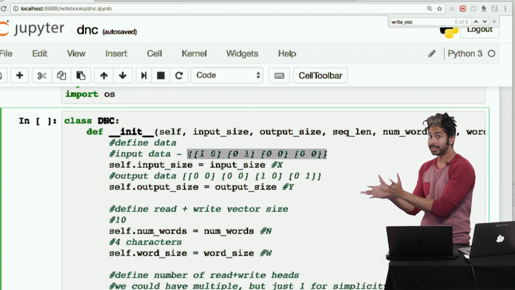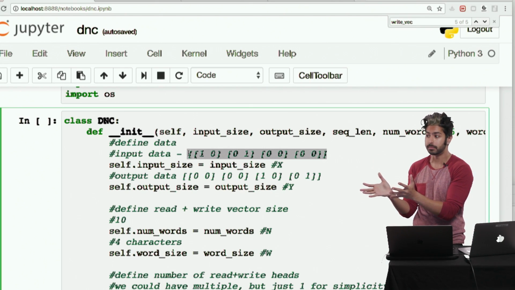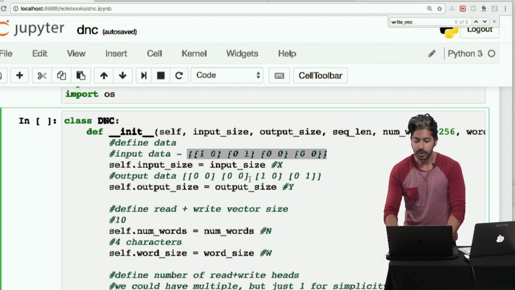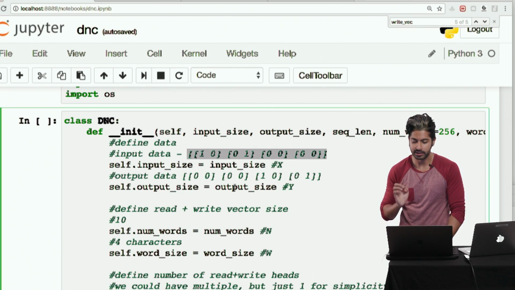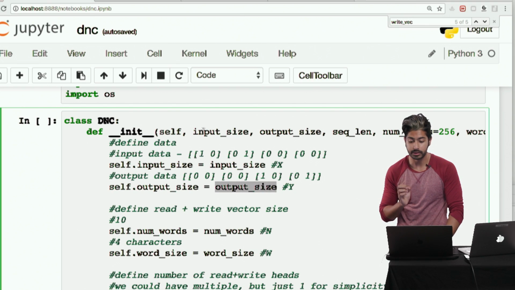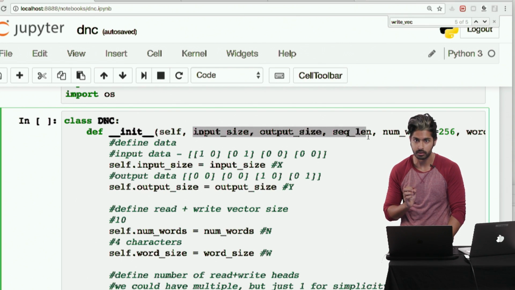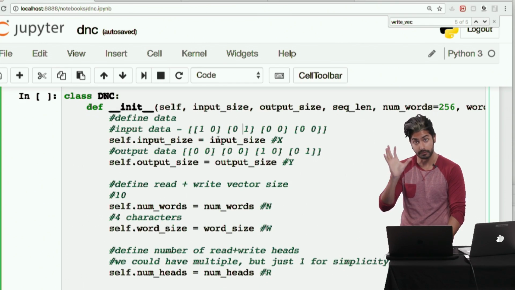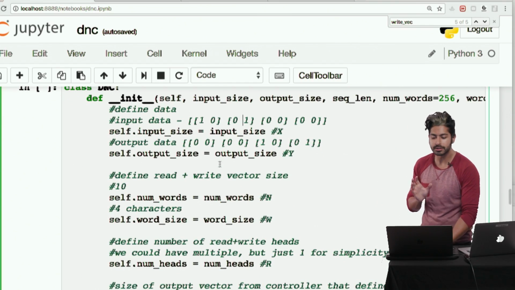Because we already have a set of them. It's a supervised learning problem. And then we want to then predict what that label would be. So we have our input size and our output size that we're going to define here, okay? And notice that these are coming from the parameters up here, right? We're going to define these when we initialize our DNC later on, but we're defining the class right now. So that's the first part.